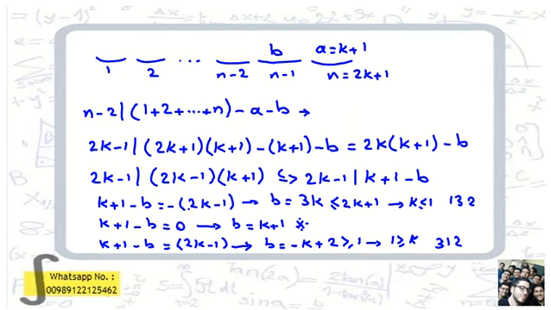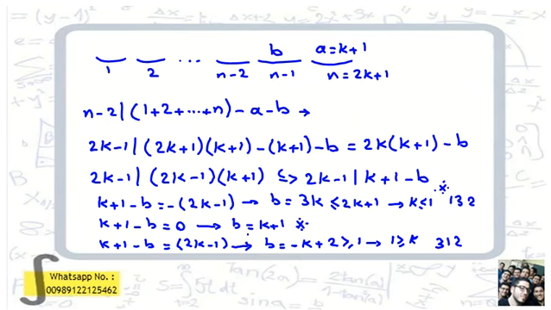From this one we could conclude that b equals, if you take this to this side, 3k, and we can cancel plus 1 from both sides. b equals 3k, and 3k must be less than or equal to 2k plus 1, and then k is less than or equal to 1. At first we said k is greater than or equal to 2, so it's a contradiction. And if you consider, for example, minus 2 times this, then b would be greater. Again, another contradiction.